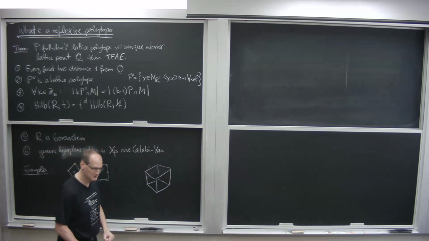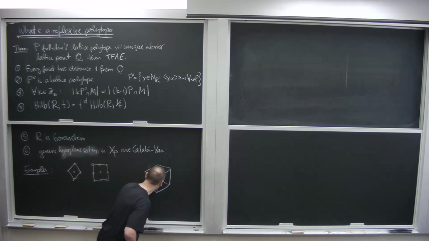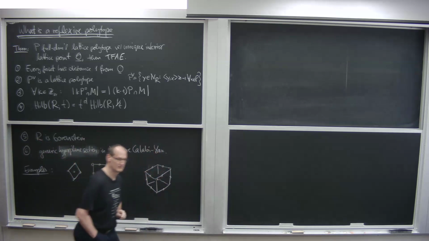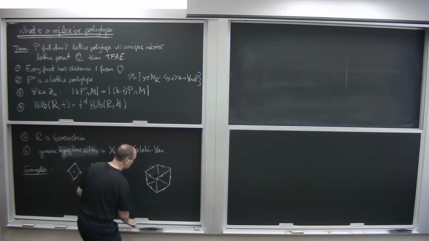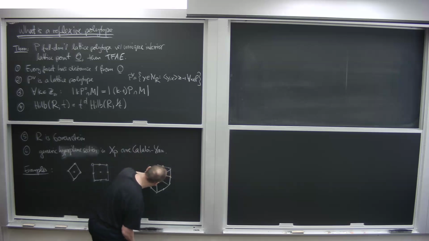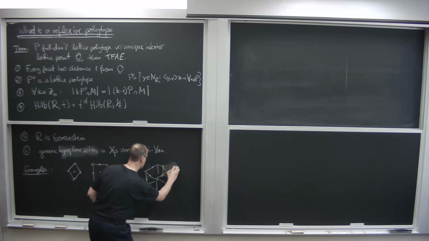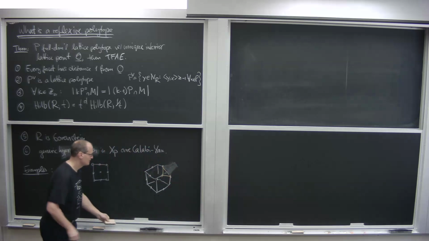Okay, and now what do I do? So here's the origin, right? All edges have length 2. Shave off a corner. And now you cut off a corner here by making the polytope smaller.